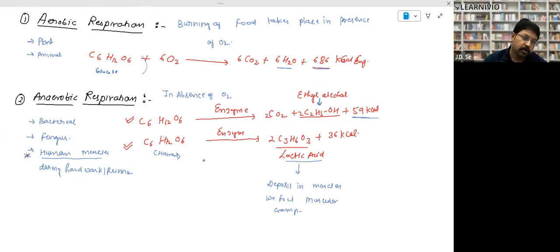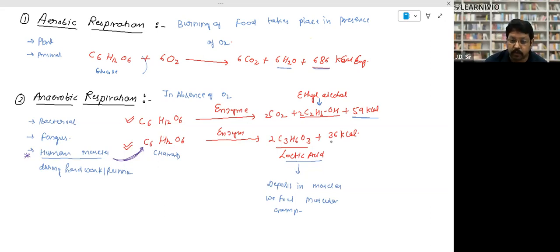But when this respiration takes place in human muscle, what happens? In anaerobic respiration in human muscle, the carbohydrate, or we can say glucose, will burn. Formation of lactic acid takes place and 36 kilocalorie energy will be released.